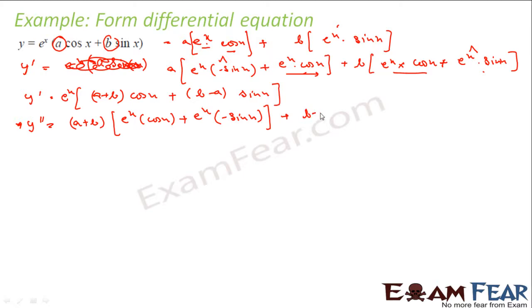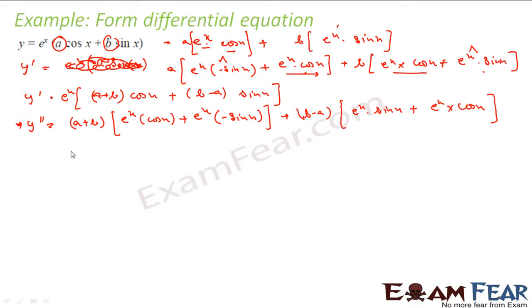And this is again plus b minus a is constant, and e to the power x sin x we have now. You take e to the power x, differentiate e to the power x, sin x constant, plus differentiate e to the power x, you get e to the power x only, and sin x differentiate, you get cos x. That is y double dash.